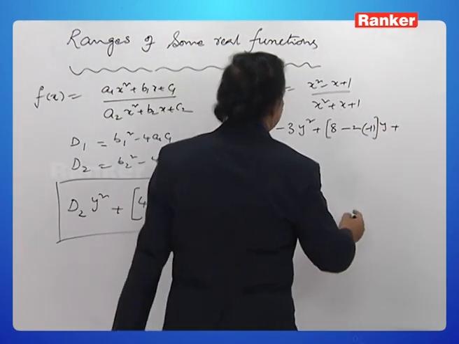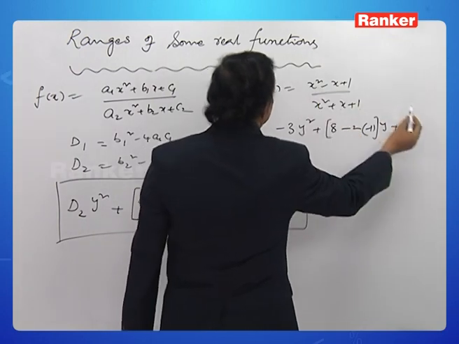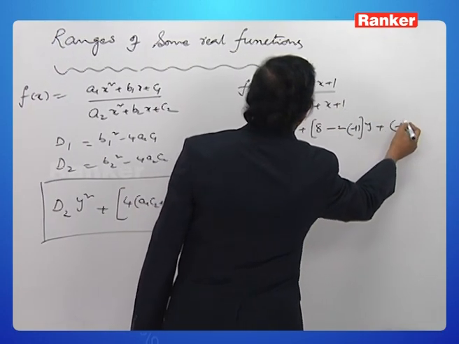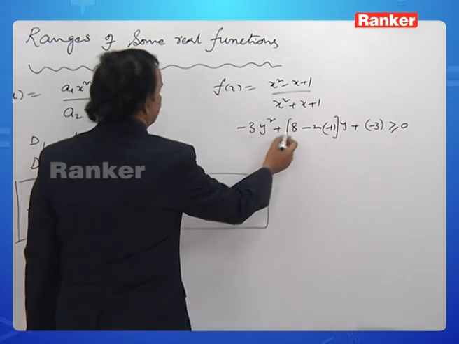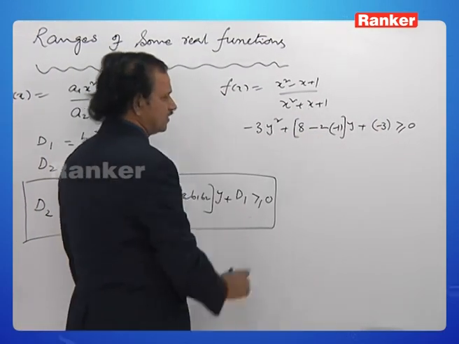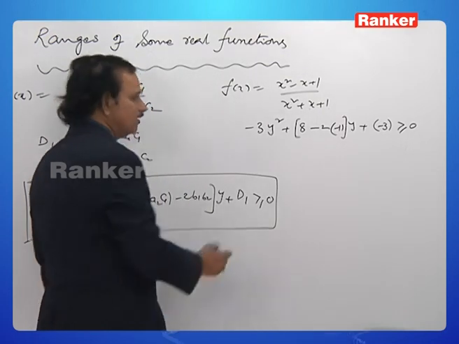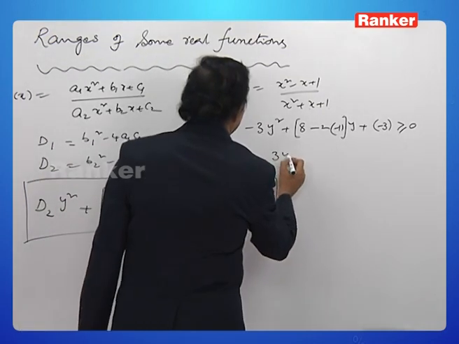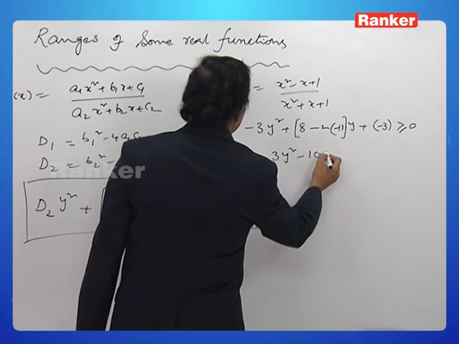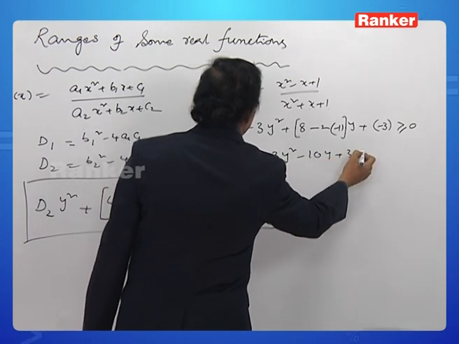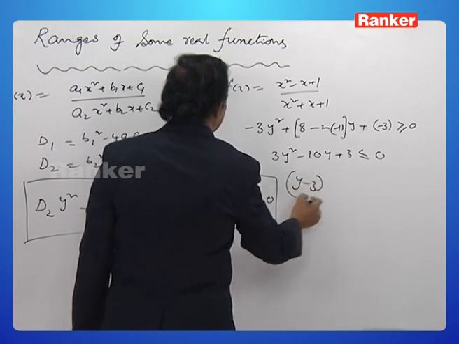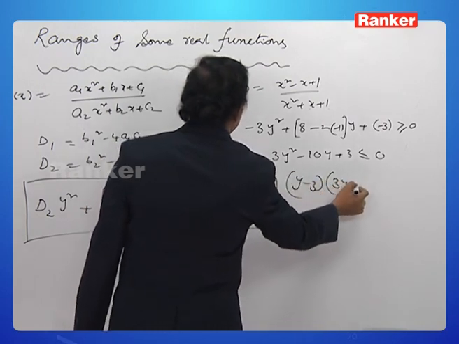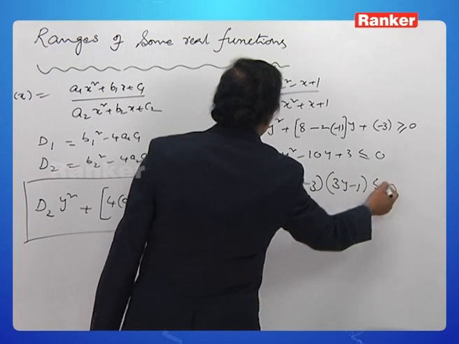What is the discriminant of the numerator? b square minus 4 is again minus 3, greater than or equal to 0. So it is minus 2 into minus 1, which is plus 2; 8 plus 2 is 10. Hence this takes the form 3y square minus 10y plus 3 less than or equal to 0. That is, y minus 3 into 3y minus 1 less than or equal to 0.